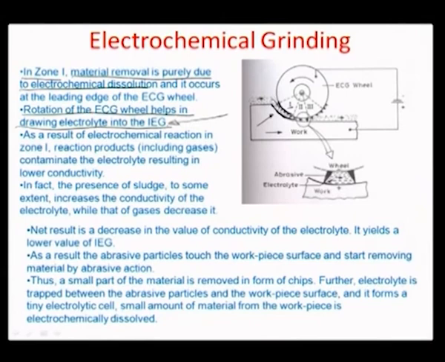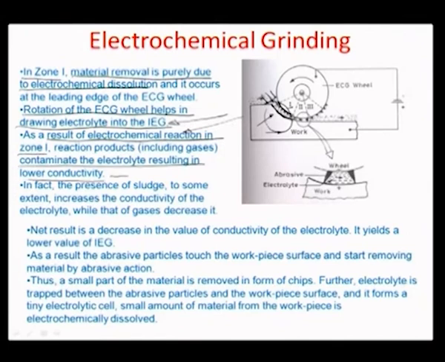So, it is a self paddling action of the electrolyte around here, and it gets pushed into the IEG, the inter-electrode gap. As a result, whatever electrochemical reactions you have in zone 1, the products coming out of this zone start contaminating the electrolyte.